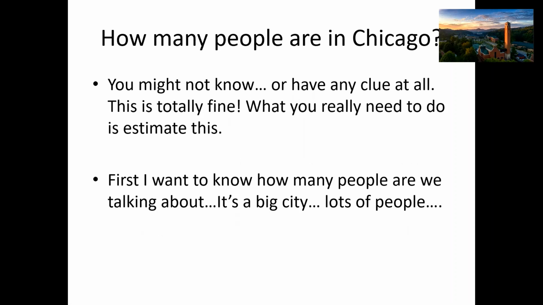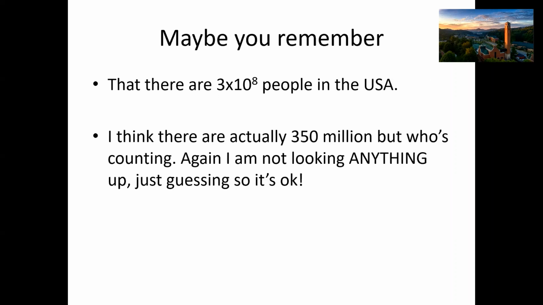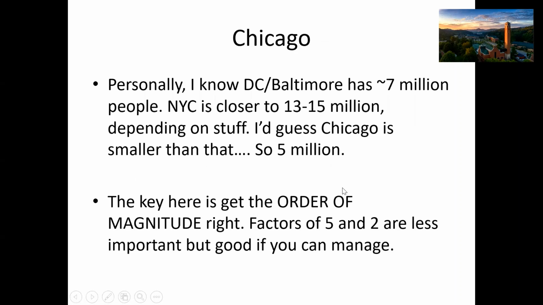Okay, we don't know how many people are in Chicago, but we can estimate that. It's a big city. And we can maybe estimate there are 3 times 10 to the 8 people in the USA. Or whatever. We're not looking anything up, we're just estimating. So let's see what we can determine about Chicago.